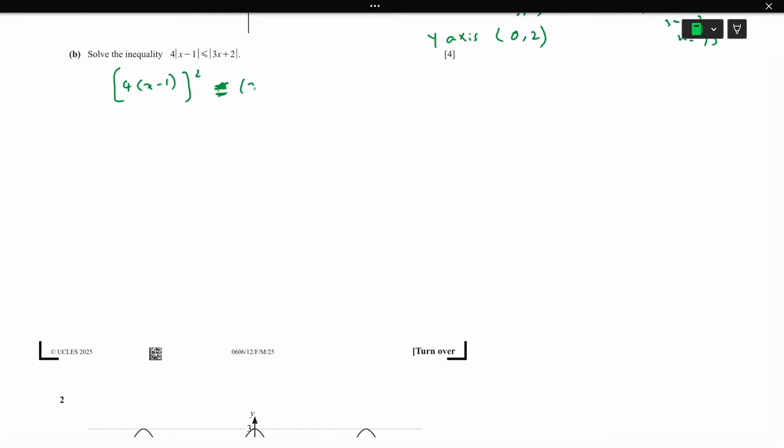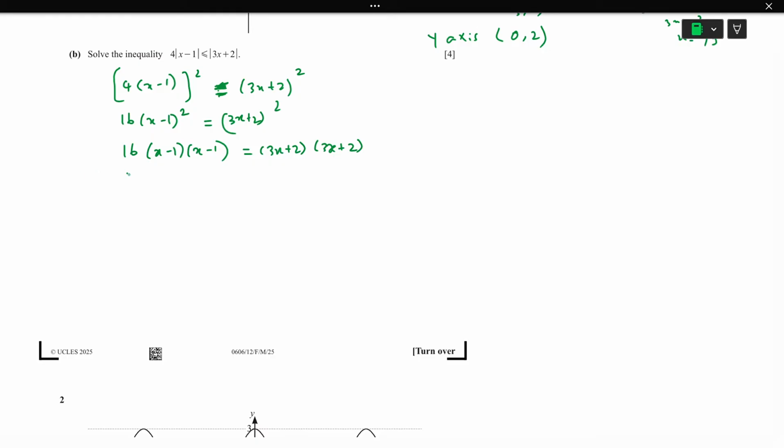Here, 3x plus 2 whole square. So I'll expand: 16 times x minus 1 whole square equals 3x plus 2 whole square, which is 16 times x minus 1 times x minus 1 equals 3x plus 2 times 3x plus 2.